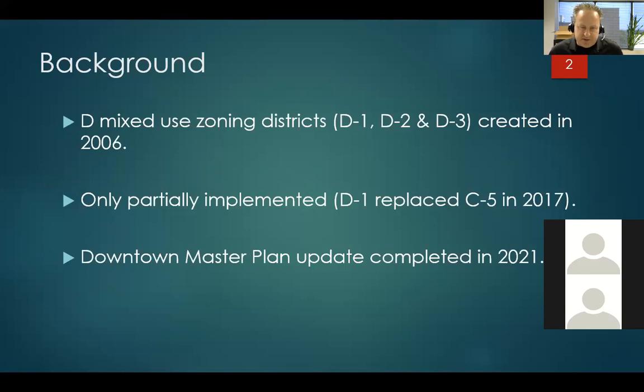Right around 2017, the city replaced the old C5 zoning district with D1, and that's really in the core of the Kansas Avenue area, was rezoned to D1. And also we've approved a downtown master plan update this current year.